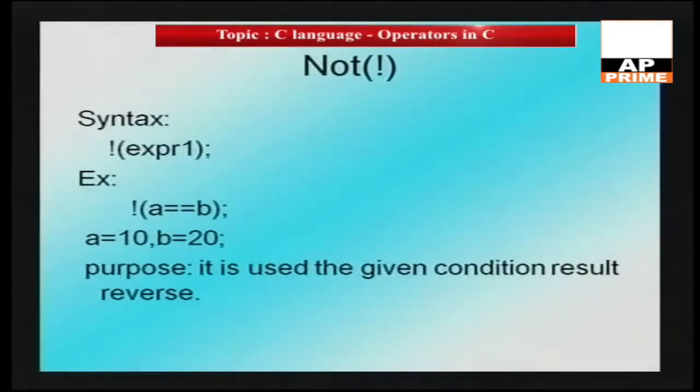What is my conclusion on logical operators? In your programming, whenever you want to check more than one condition, then you go for AND or OR. Like if I want to check 5 conditions, is each subject mark above 35 or not?